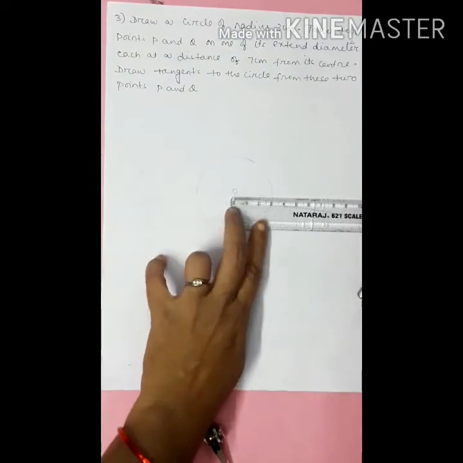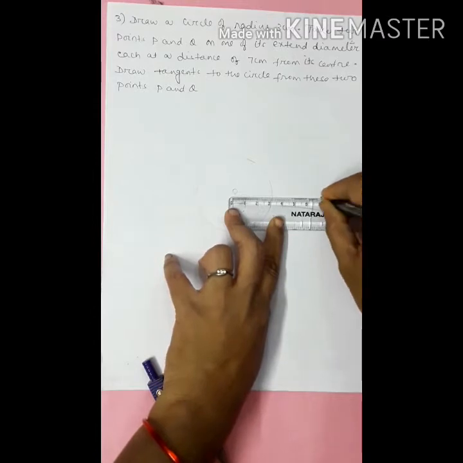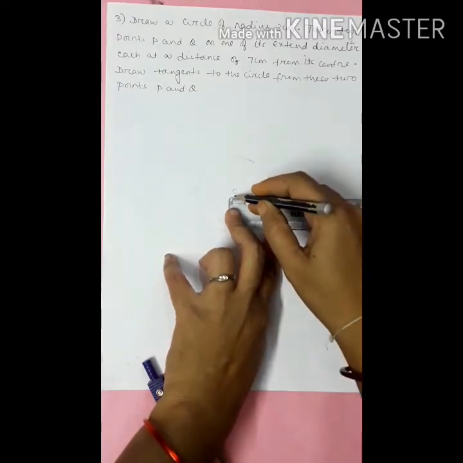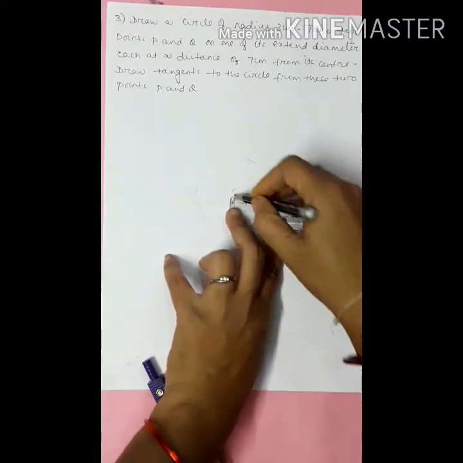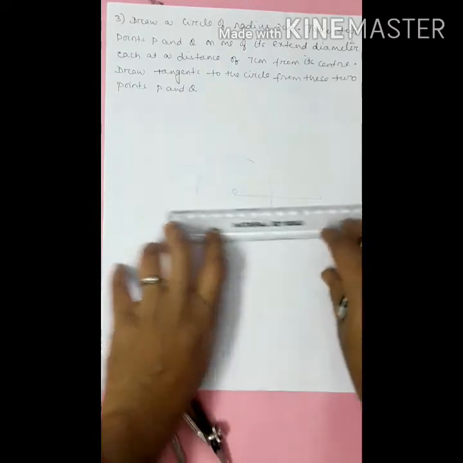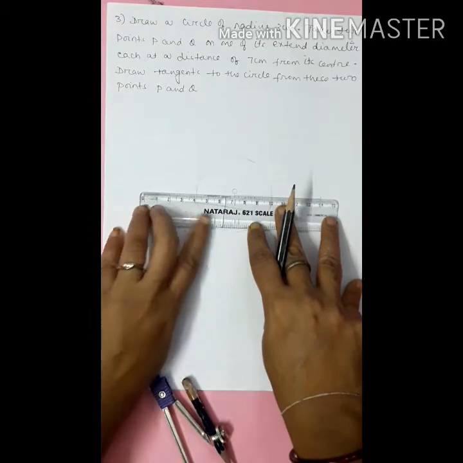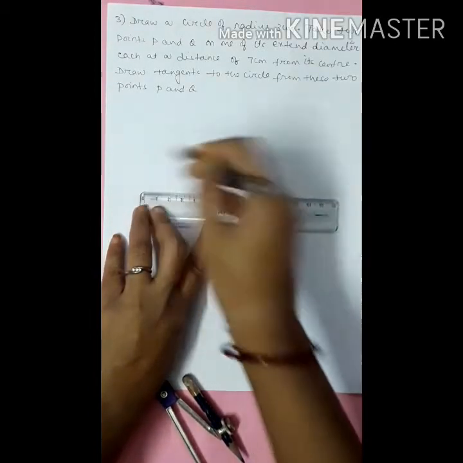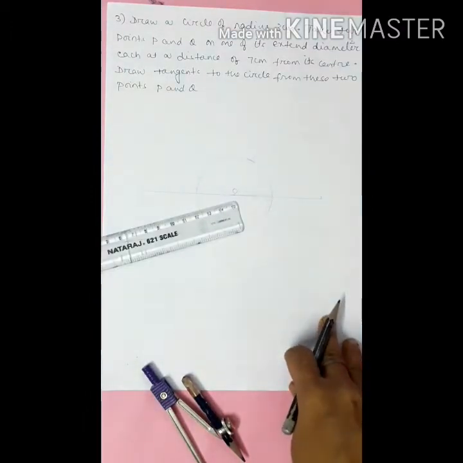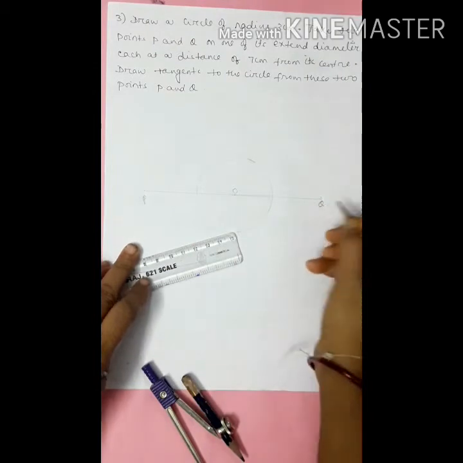O2, how much do we have to take? 7 cm. From the center it is 7 cm, and on the other side also 7 cm from the center, on each extended diameter. So at a distance of 7 cm, mark this as P and this as Q.